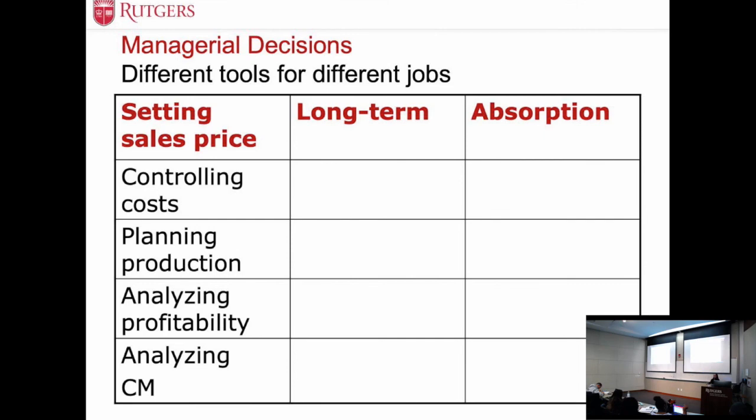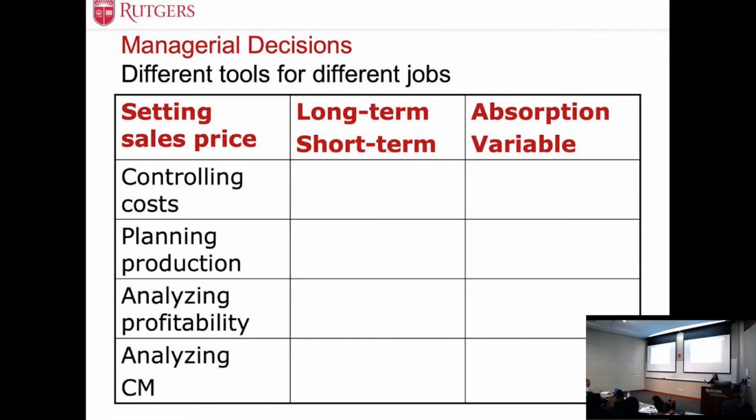So the rule of thumb is that if we are making long-term decisions, let's say you are setting the price for the next year, then you may consider using the absorption costing, because under absorption costing, the fixed overhead is considered as part of the production cost.